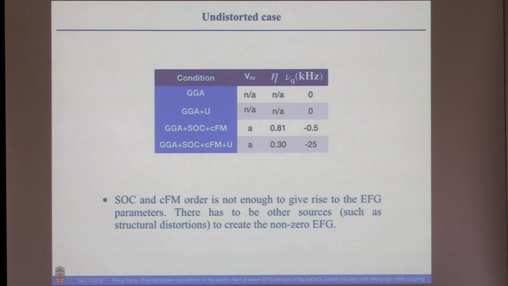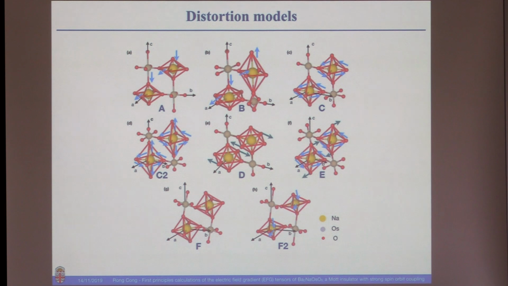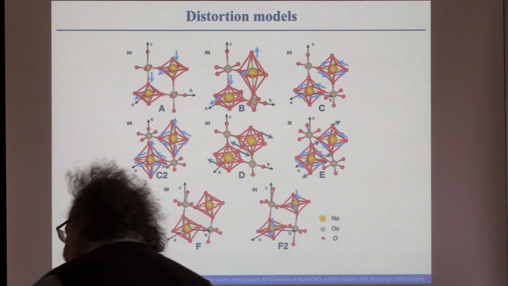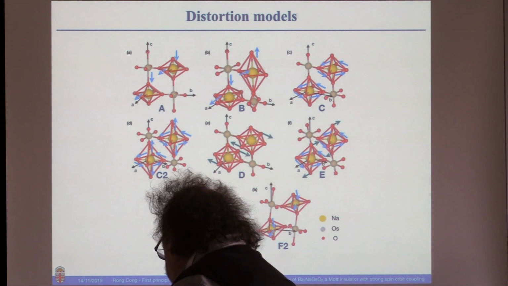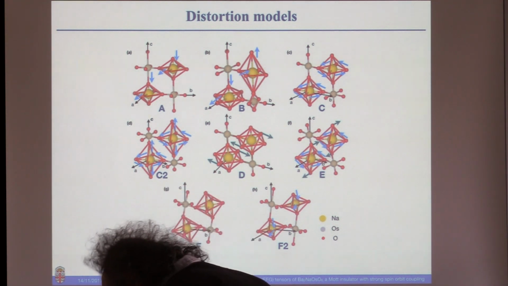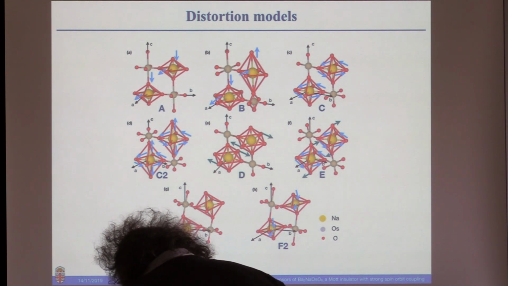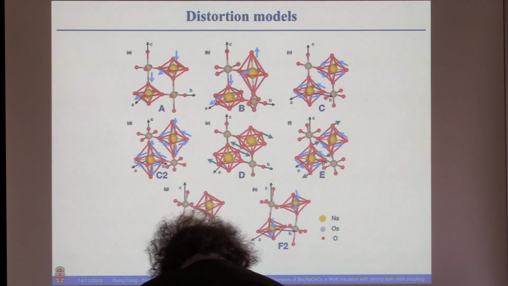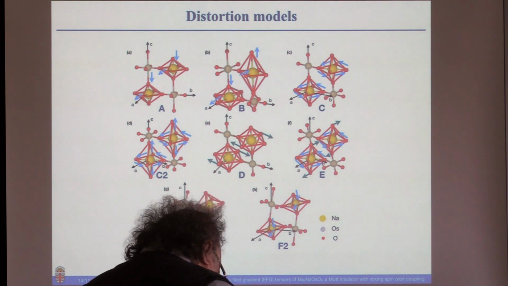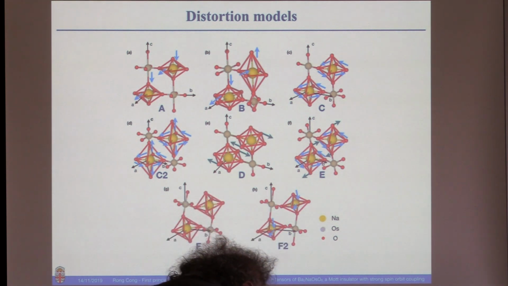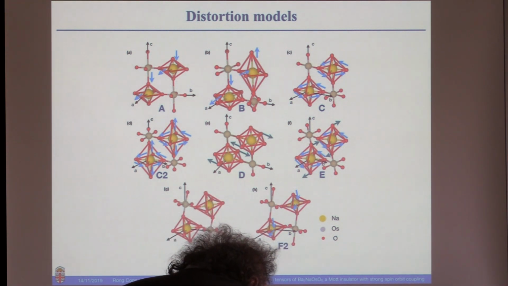In order to see that, we tested some common distortions in the double perovskite structure, such as elongation and compression of the octahedra, rotation and tilt distortion, and the Glazer-type distortion with fixed and flexible octahedra.